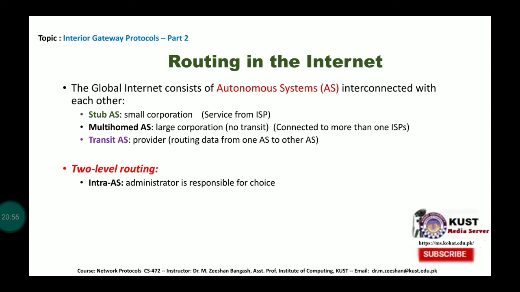As per the design of that autonomous system or that region, the administrator decides or fixes the different parameters for that network. However, there's inter-autonomous system routing, between the different autonomous systems, and that basically works on a unique standard because it's related to the wide area network communication between different regions.